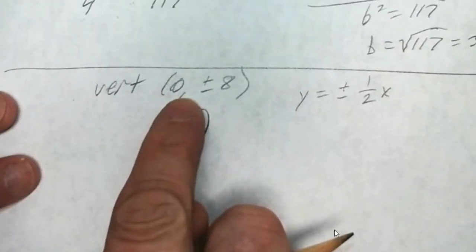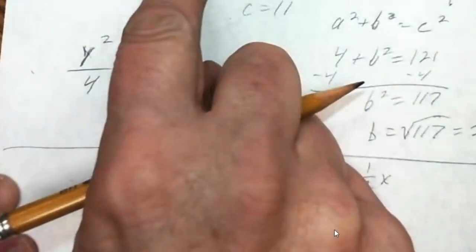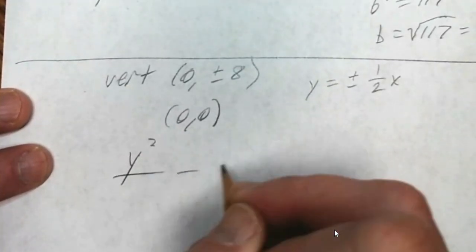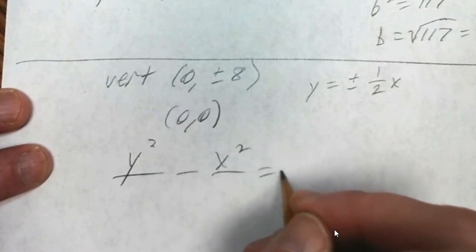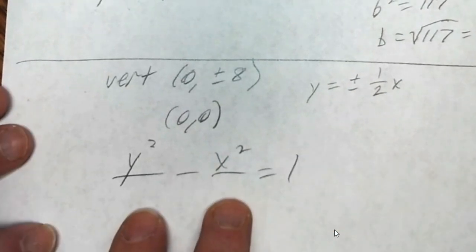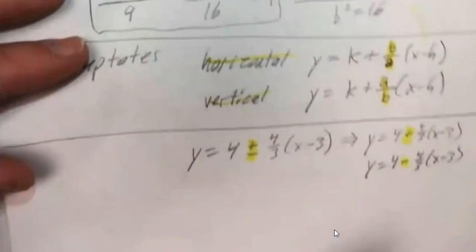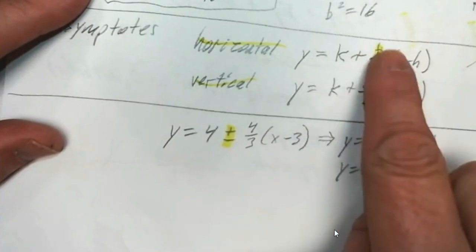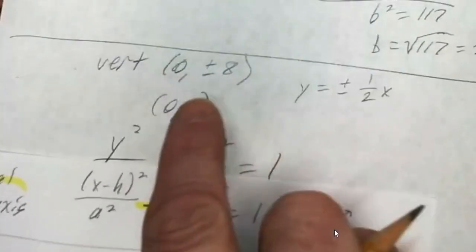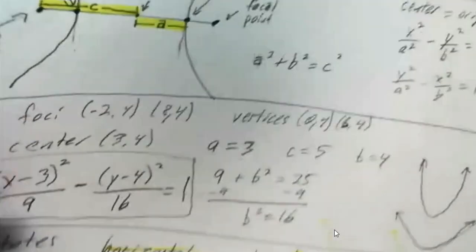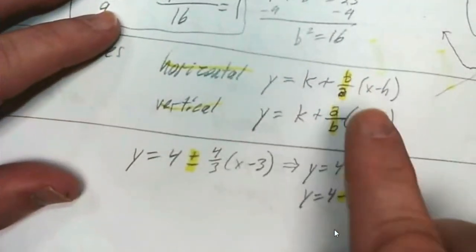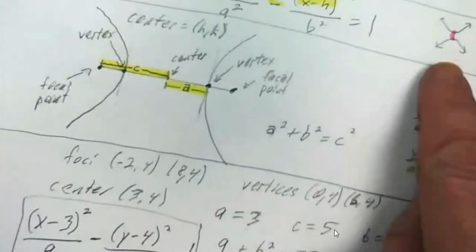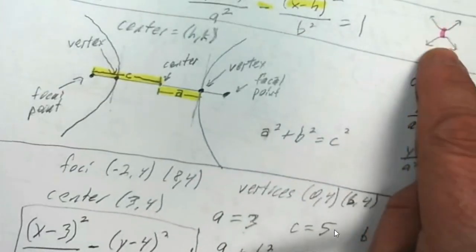And since this is going up and down again, just like this one, we know it's a y squared minus an x squared equals 1. We just got to know what a and b are. If you remember right, the asymptotes use a and b, with k plus a or b. Well, what's our k? Our k is 0. So ours is just going to be either b over a or a over b. It's given us a and b; we just got to figure out which is which. We said ours is vertical. Our transverse axis goes up and down.